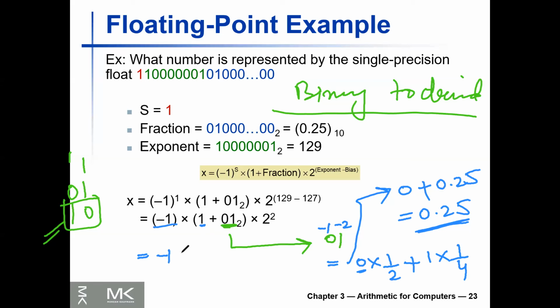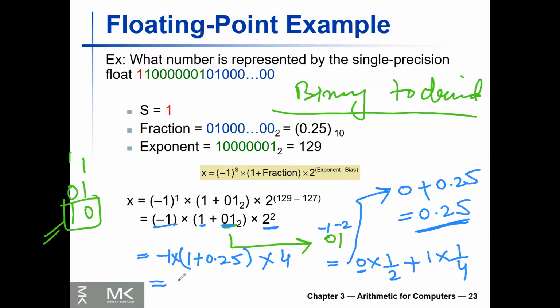Just keep it like that. It is 1, and we have converted this one, which is 0.25. Now is it clear? Yes. Okay, then multiply by 2 to the power 2. What is 2 to the power 2? 4. Clear?